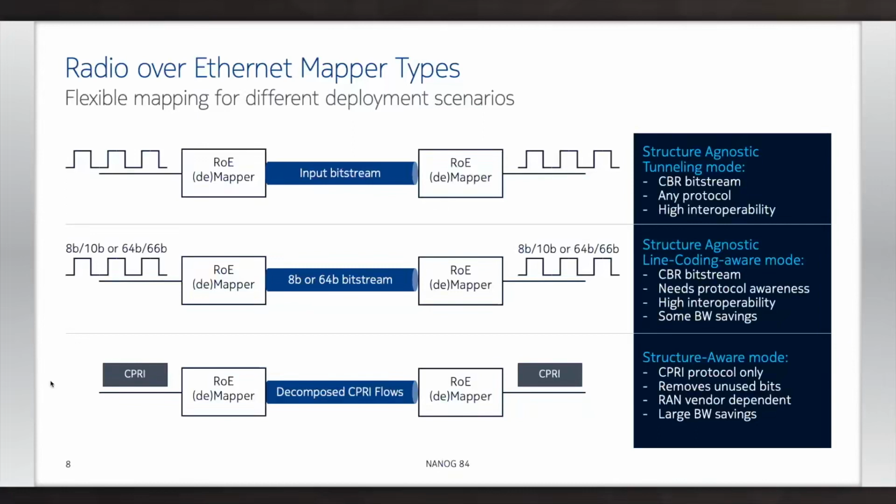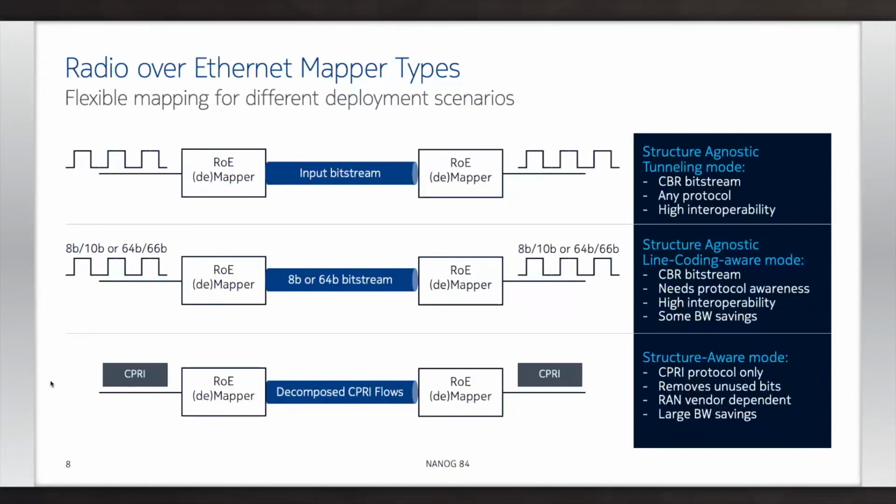Then we can go to the next mapper in the middle of the slide, which is the structure agnostic, but line coding aware. In the line coding aware mode, we remove some of the line coding bits. CPRI comes in both 8B/10B or 64B/66B. In this case, we would be left with only the 8B or 64 bits, so we would remove some bits.